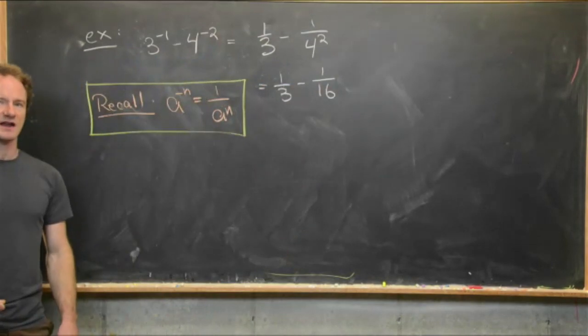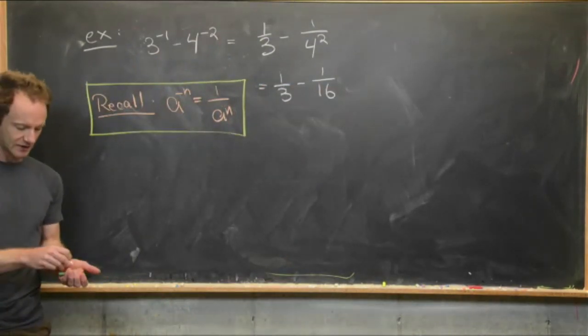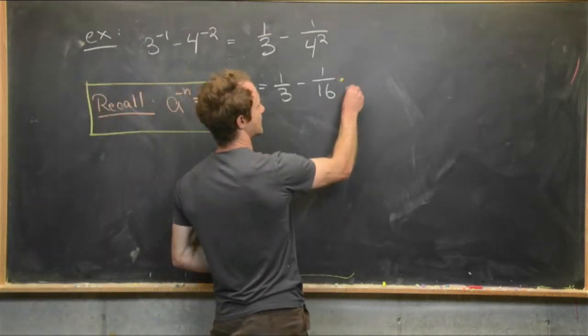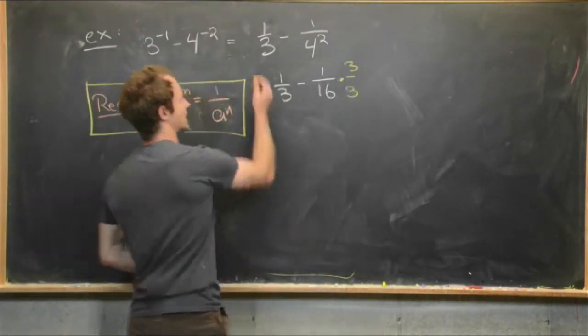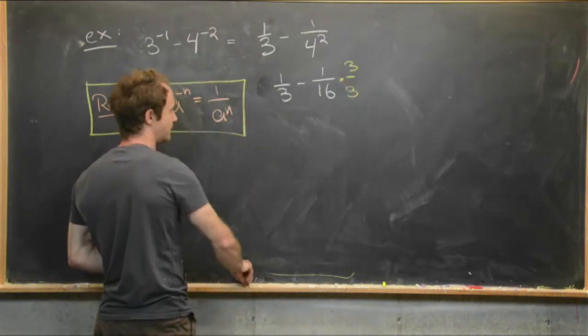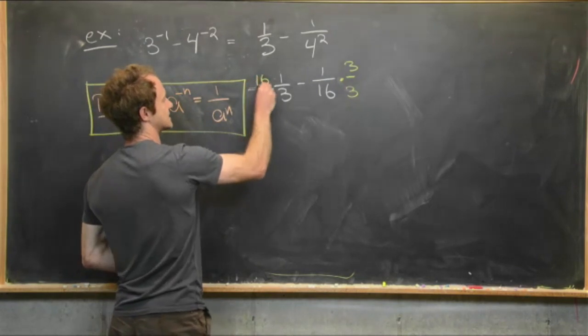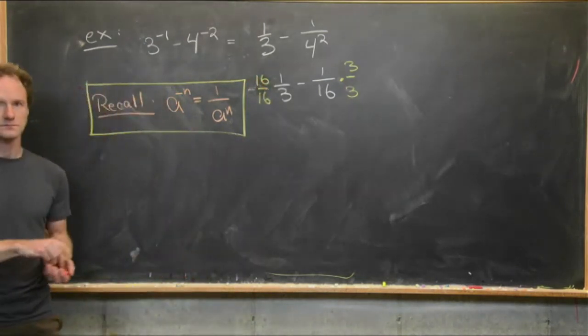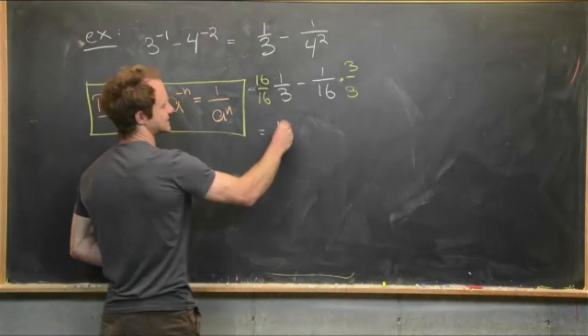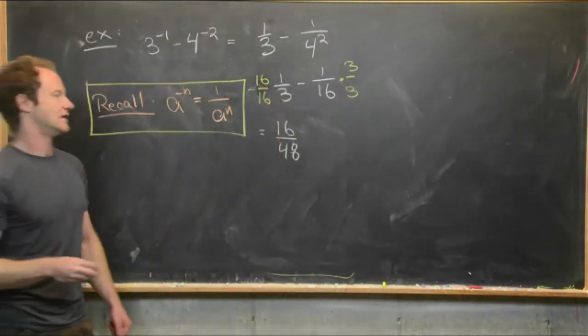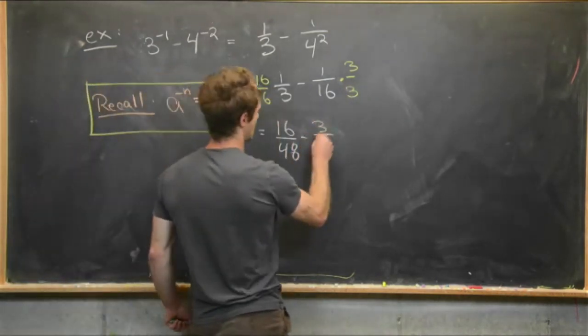And then we have to find a common denominator, but the common denominator will just be the product of these two, which means we need to build this up by multiplying by 3 over 3. And then we'll build this one up by multiplying by 16 over 16. So that's going to give us 16 over 48, so 3 times 16 is 48, and then minus 3 over 48.